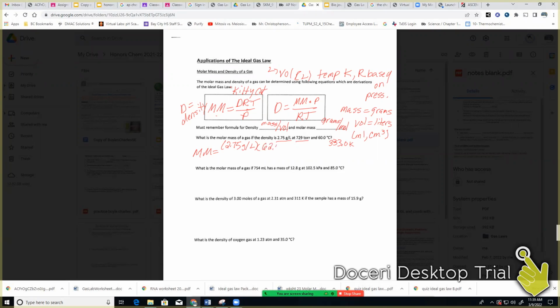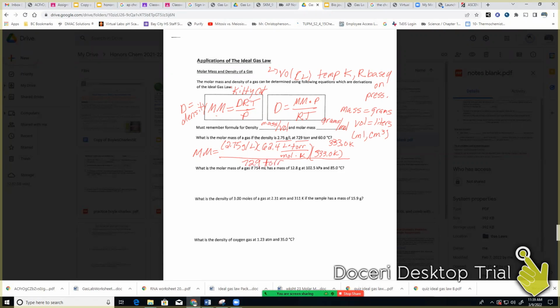So if you look at your R values, you would use the 62.4, and that's liters torr per mole Kelvin. And then the last thing I have would be my temperature, which is 333.0 Kelvin. And what do I need to divide all of that by? My pressure, 729 torr.